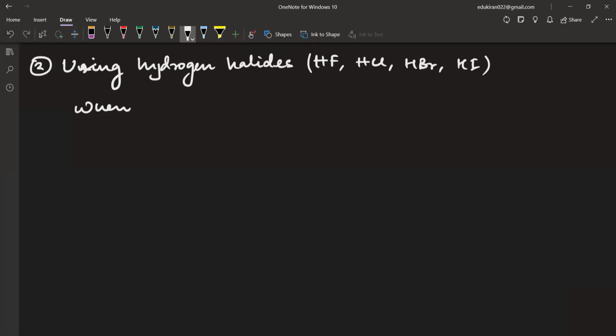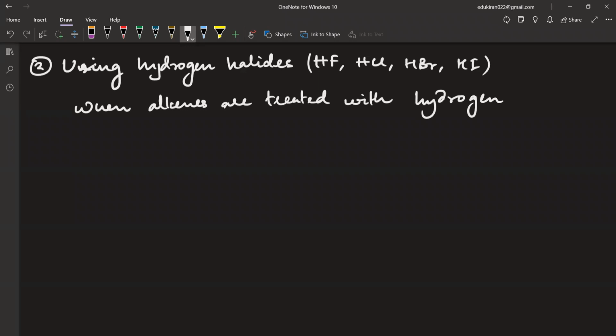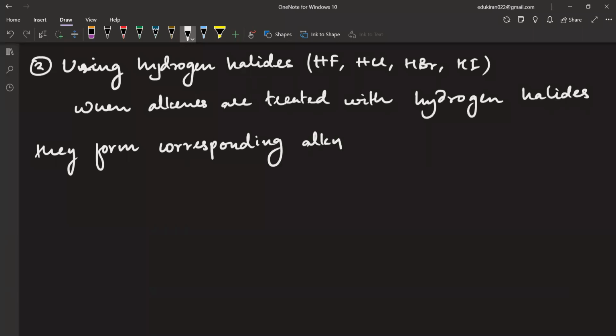When alkenes are treated with hydrogen halides, they form corresponding alkyl halides.